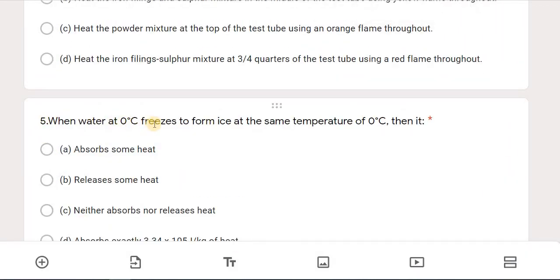When water at 0 degrees Celsius freezes to form ice at the same temperature of 0 degrees Celsius, then A, it absorbs some heat. B, it releases some heat. C, it neither absorbs nor releases heat.